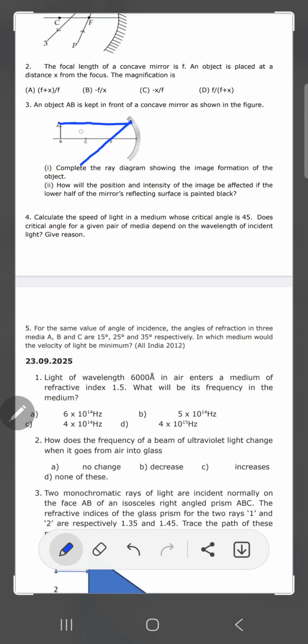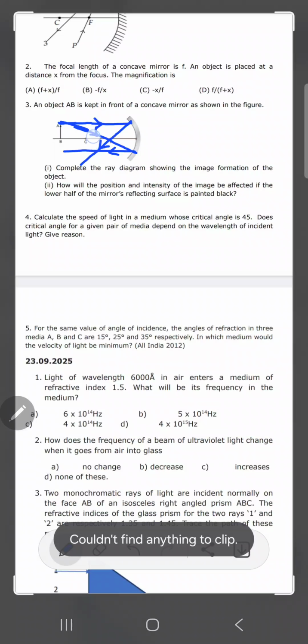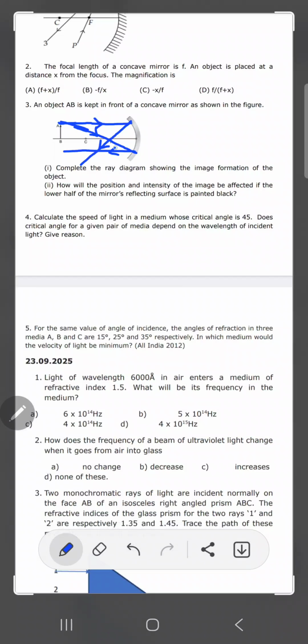Now for me, I guess the focus is more convenient. So the second ray is this. Now you have to put the arrows whenever you're drawing the diagrams, this and this. Now these two rays are intersecting here, so here you would get the image. So if this is AB, we would get this as the image, A dash B dash we can write.